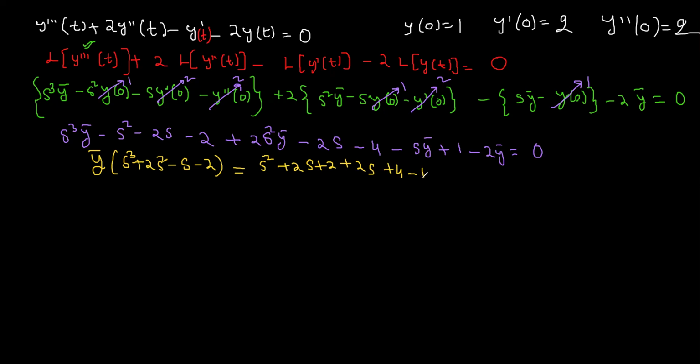Right? Yes. Okay, so simplify this: s square, 2s is 4s. And this is what? Divide.